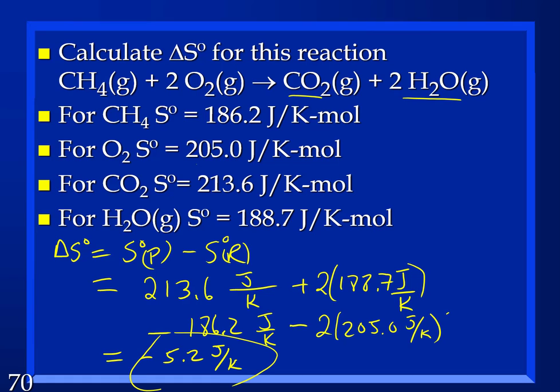Okay, is that entropy change favorable or unfavorable? Unfavorable, because it's negative. But we know that the delta H for this flame reaction is going to be negative. It's got to be exothermic. And yesterday we said exothermic was favorable, that things fall downhill.